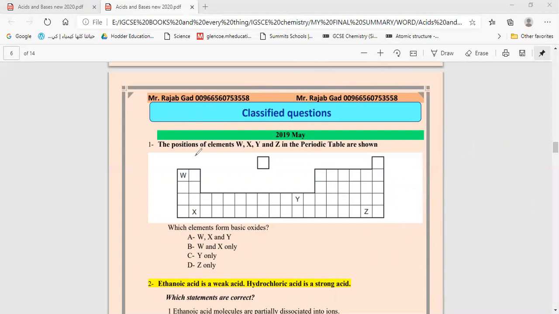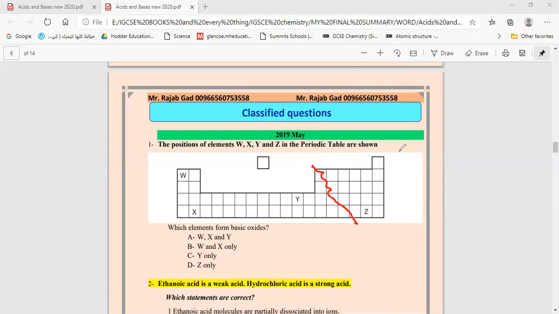Let's go here. The first one: the positions of elements W, X, Y, and Z are shown here. Which elements form basic oxides? We said before that the periodic table can be classified into metals on the left side, non-metals on the right side, and metalloids in this area.